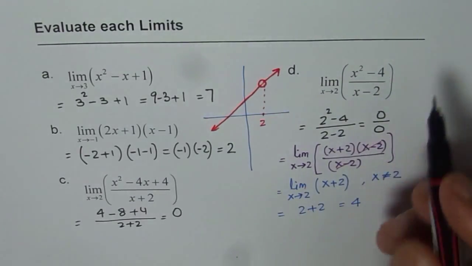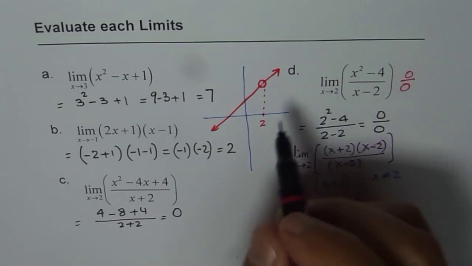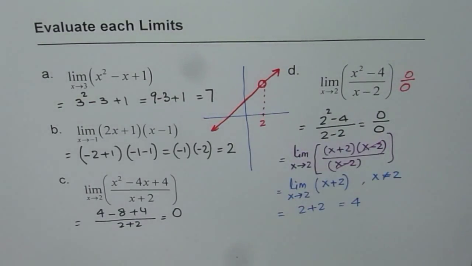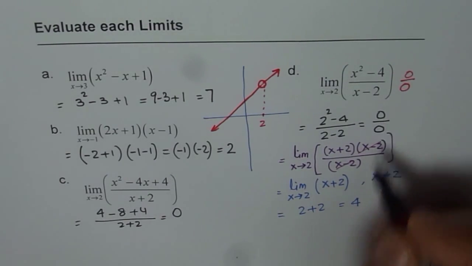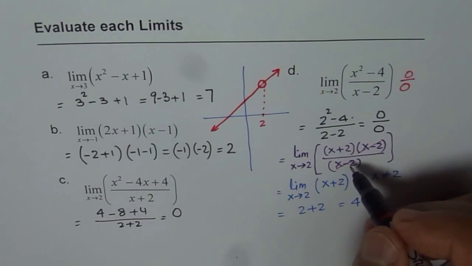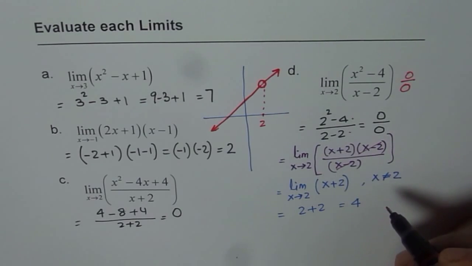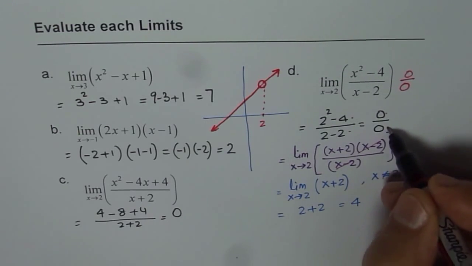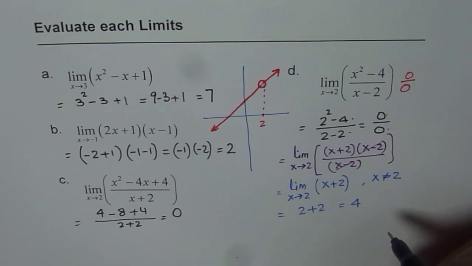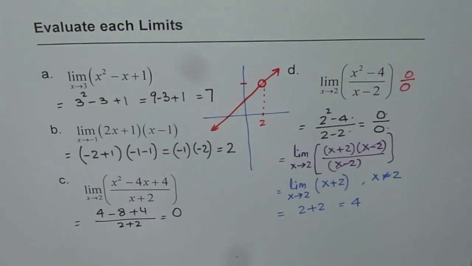The reason why we got 0 over 0 is because there was a hole at this point. The function is not continuous, right? That is why you got 0 over 0. That also indicates that there is a common factor of x minus 2 in the numerator as well as the denominator, which made it 0 in both. But well, the limit is not the value at that point, but the value the function approaches.